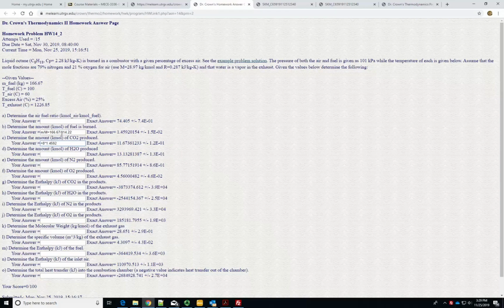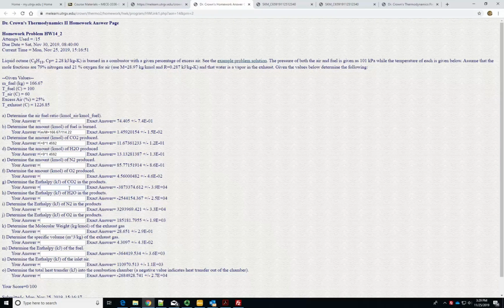And just to be clear, the website doesn't allow you to type in formulas on these. It's expecting a numerical answer. Then same thing for the H2O. It's going to be 9 times the 1.4592. So on for each of the components. So if we had 1 mole of fuel, then it would be 8 times 1, 9 times 1. But in this case, we have 1.459 kilomoles of fuel.